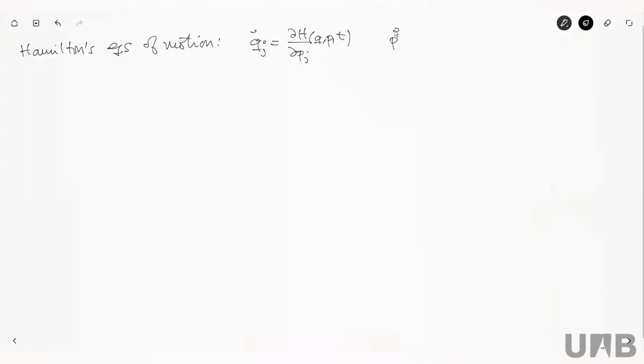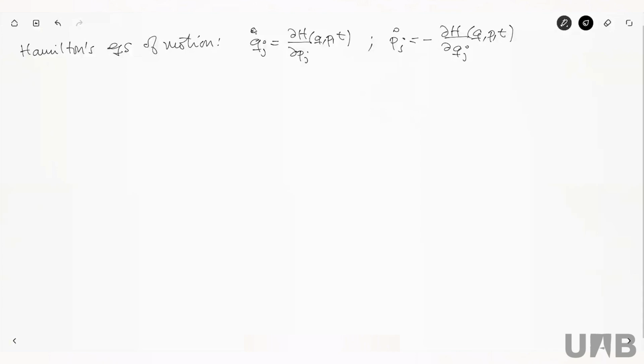And p dot j is minus the derivative of H with respect to qj, a function of q, p, and t. Remember, the Hamiltonian is always a function of q, p, and t. So this cannot be the derivative of H with respect to q dot, for instance. That would be a complete catastrophe. You cannot take the derivative of H with respect to q dot because H does not depend on q dot.